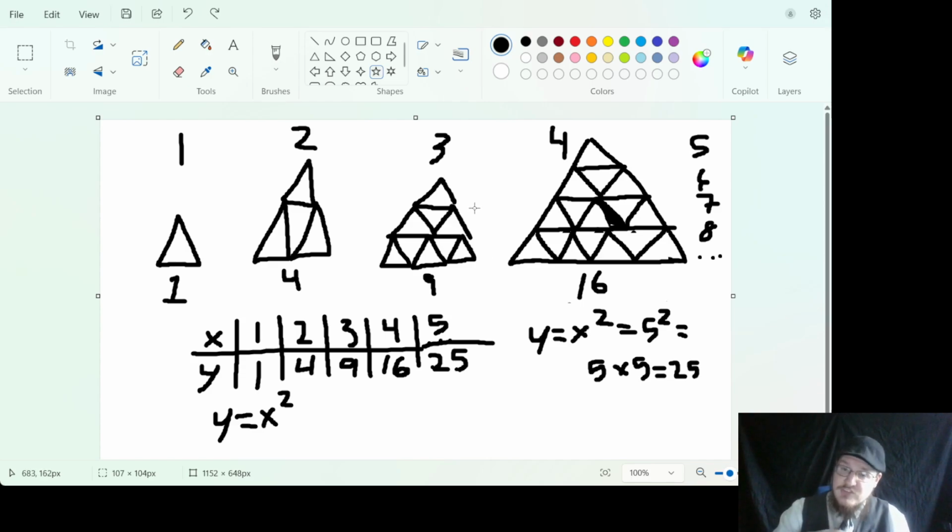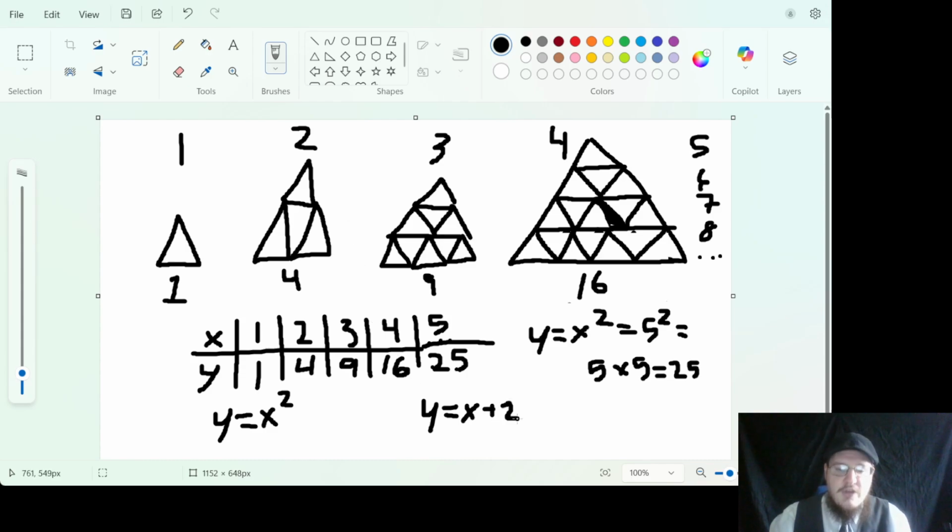As we did with that very first example where we added in 2 there, that one would have been y, which is however many sides we have, equal to our current term plus 2. If we did it with the triangle, add on 2 sides, triangle, add on 2 sides.